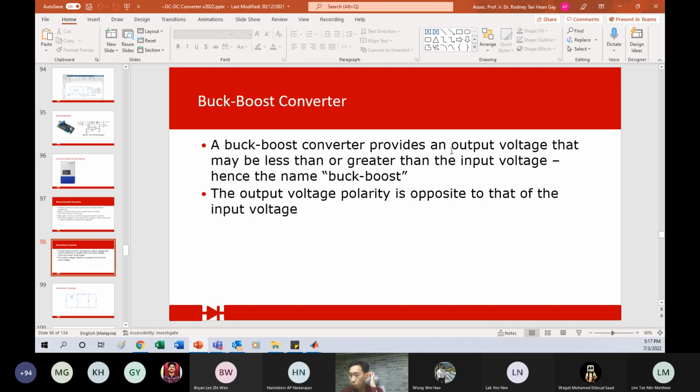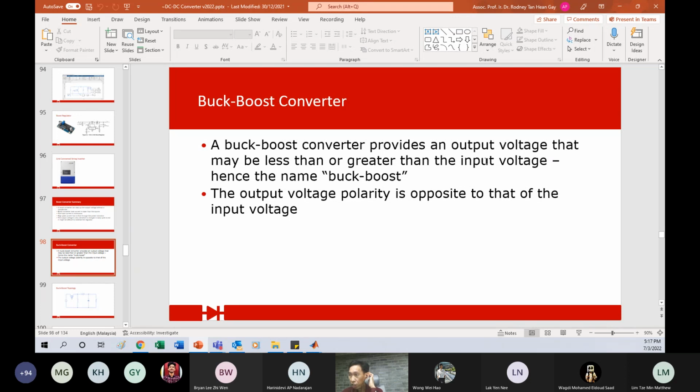If your duty cycle is from 0 to 50%, it is in the buck mode. From 50% onward to 100%, it is in the boost mode. So this is how it works. At 50%, the input and output are the same.